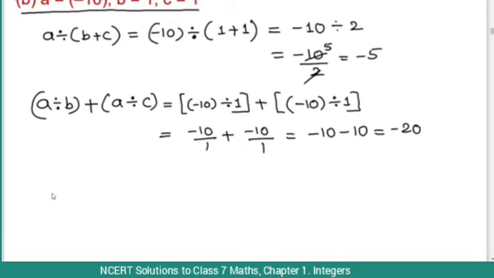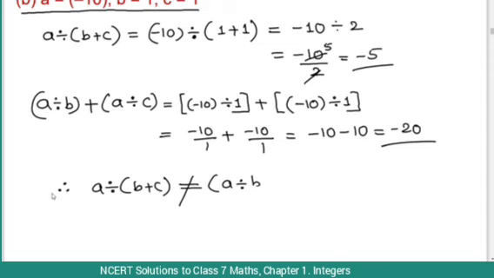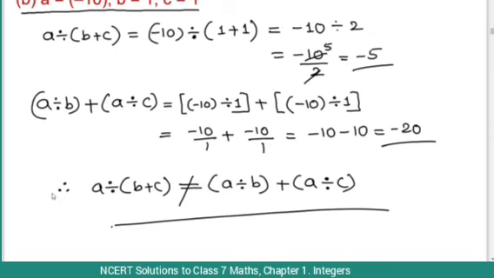Here the LHS value is minus 5 and the RHS value is minus 20. So both are not equal. Therefore, A divided by B plus C is not equal to A divided by B plus A divided by C. Hence proved.